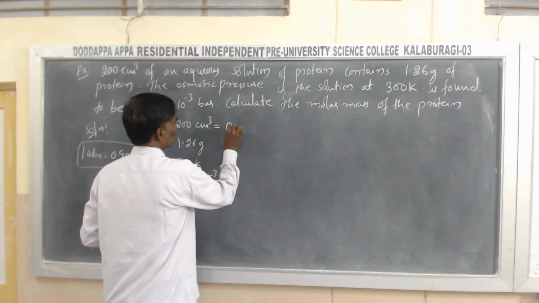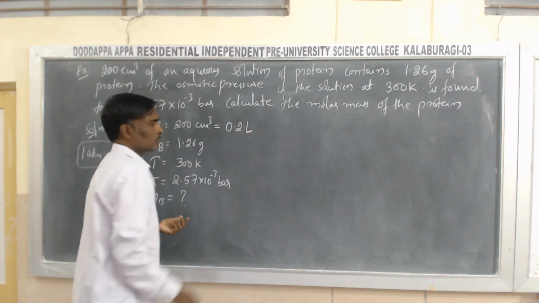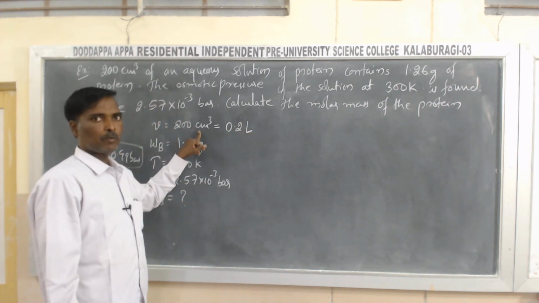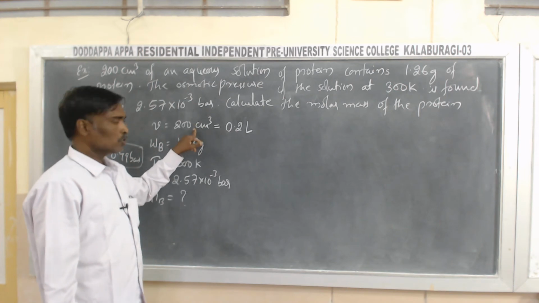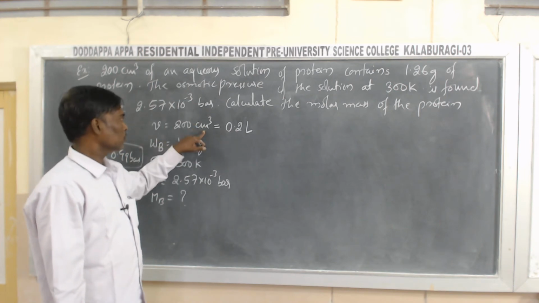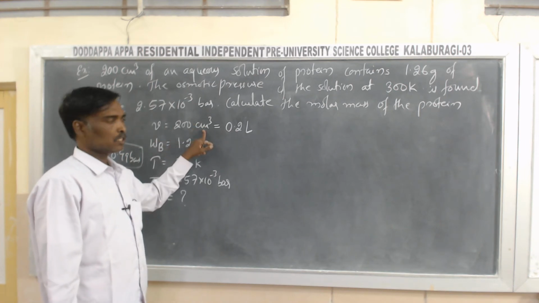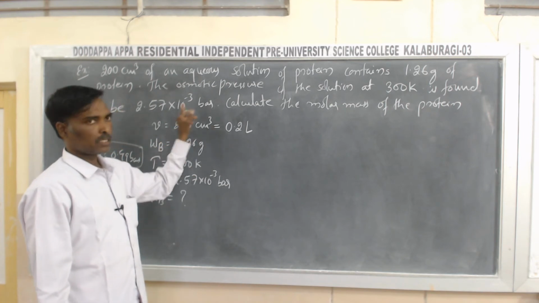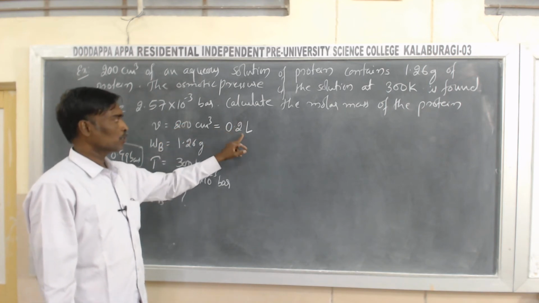Cubic centimeter and ml are both the same, so 200 cubic centimeter equals 200 milliliters, which converted into liter becomes 0.2 liter.